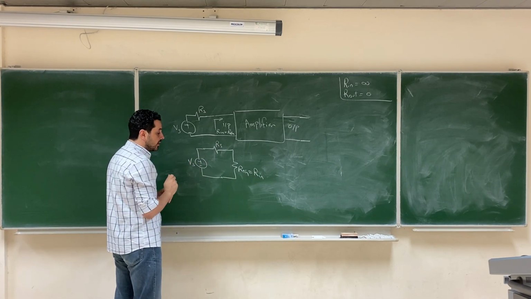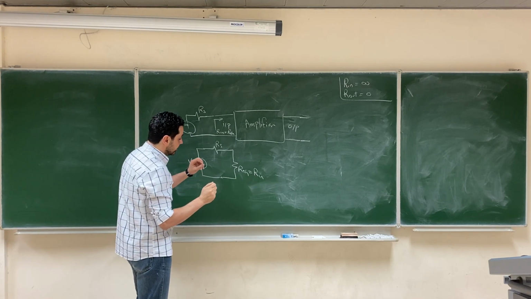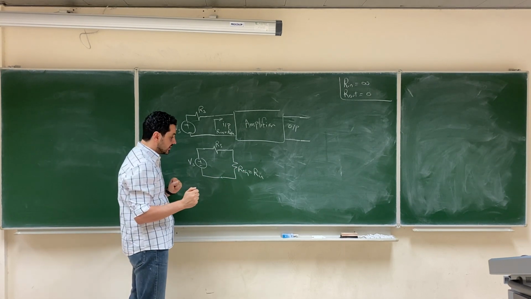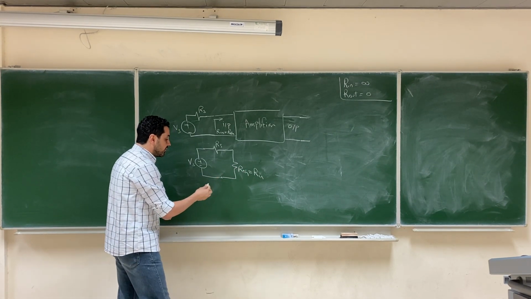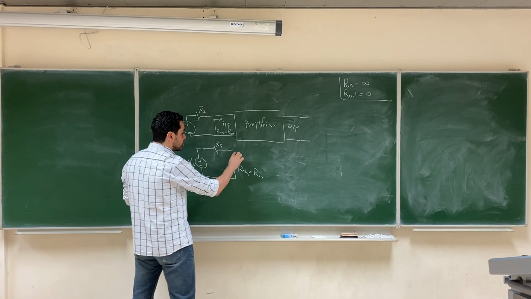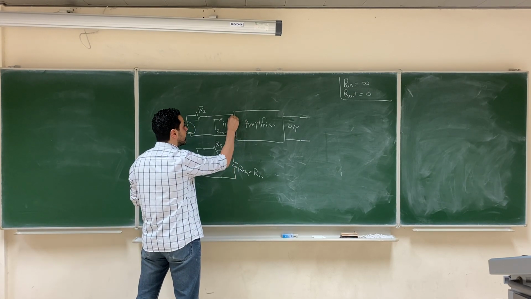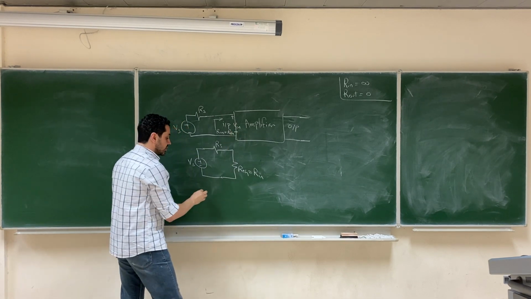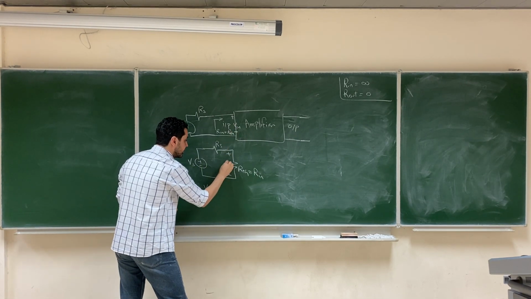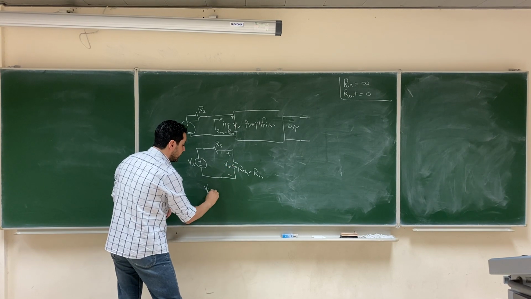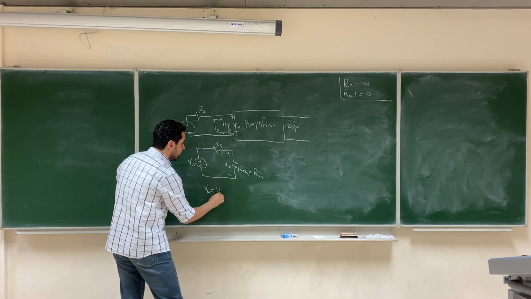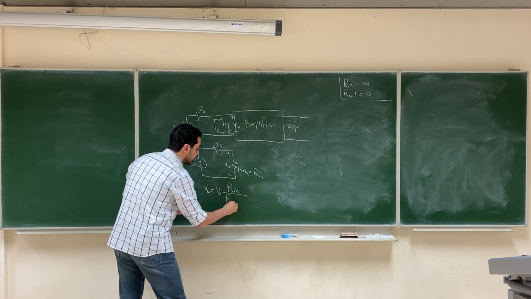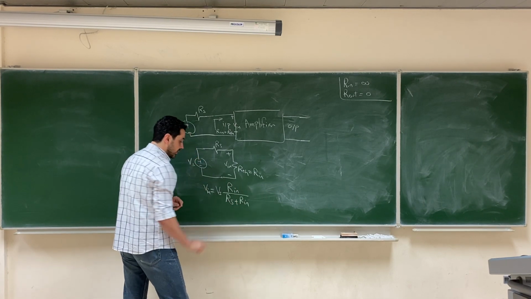So now, let's ask ourselves, is it good or bad to have high input resistance? You remember from the voltage divider rule, the voltage at the input of the amplifier, let's call it V input, equals Vs multiplied by R input over Rs plus R input.